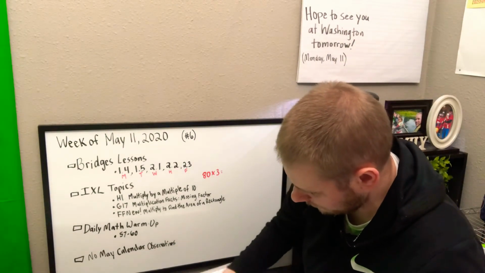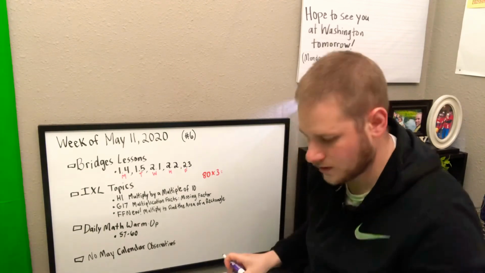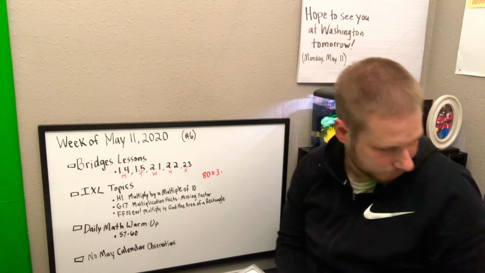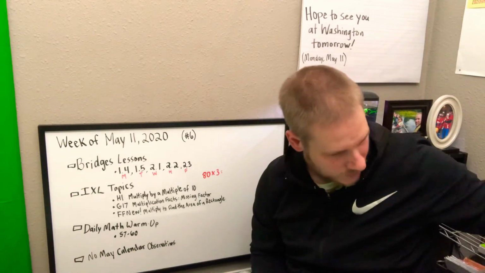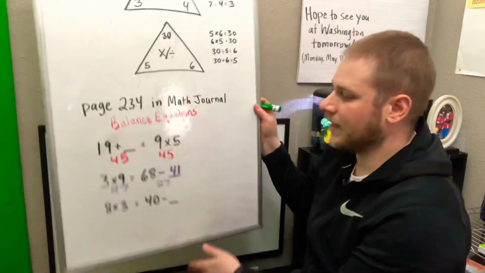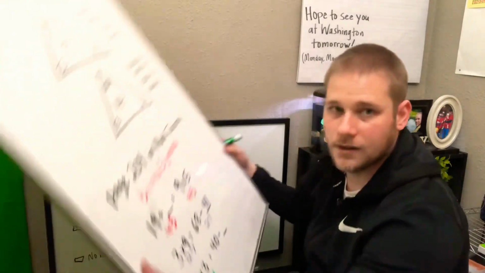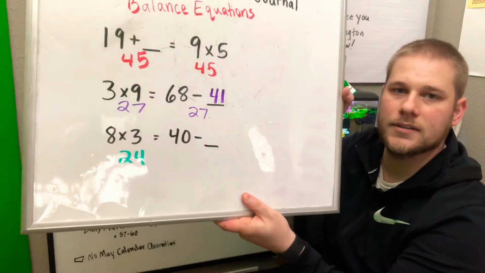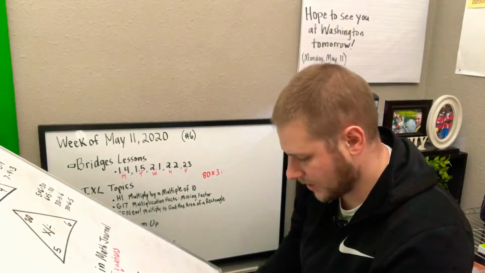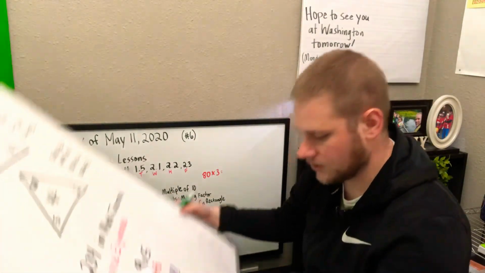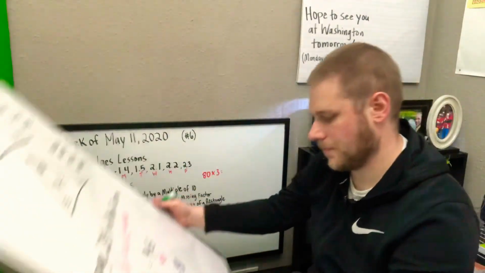Okay, I'm going to erase the work we did and pick a different color for the last one. How about, unfortunately, we'll do Packer green too. Here we have 8 times 3 is 24. So the answer of the next one needs to equal 24 as well.